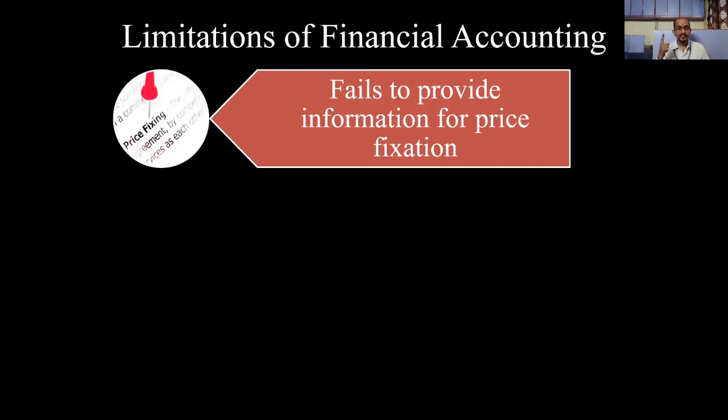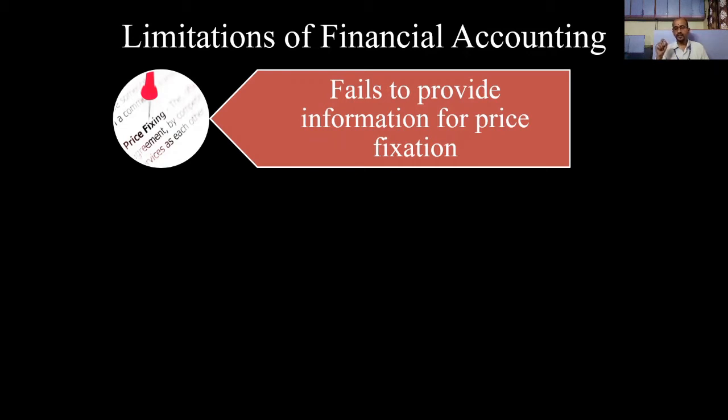First, cost. Second, profit. And third, which is very important, tax. If you combine these three things, then only you can get the price of a product.